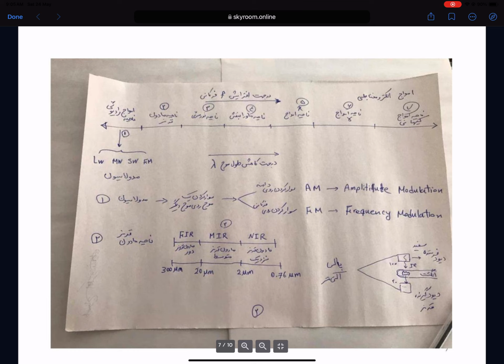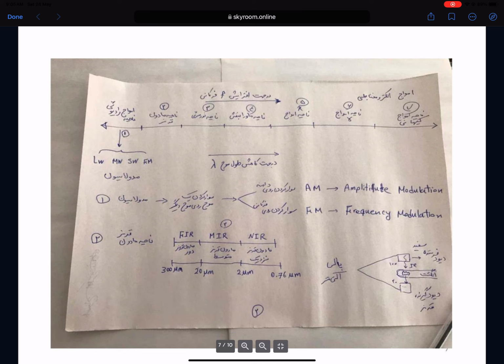Now we have two ways of modulation. First, you can put the amplitude of the sound wave on the amplitude of the electromagnetic wave, which I will tell you what amplitude is. Okay, this is called amplitude modulation, or AM.